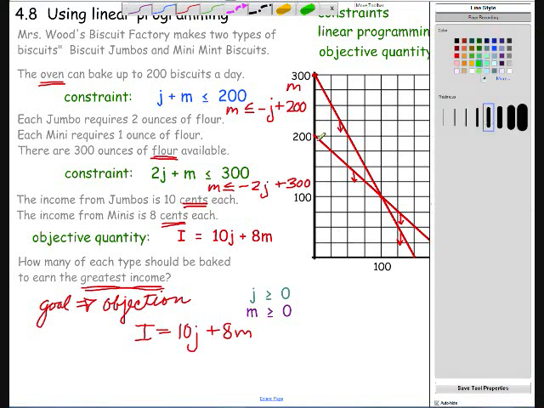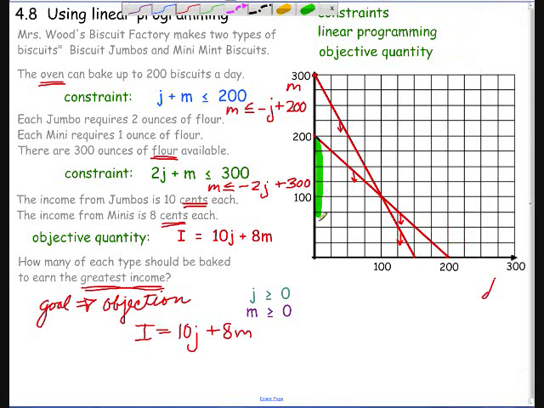So we're talking about this space right here. This is where these 2 systems of inequality, the 2 constraints, the oven and the flour, this is where they overlap.